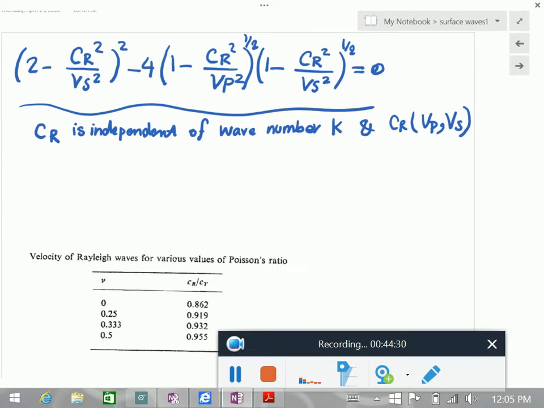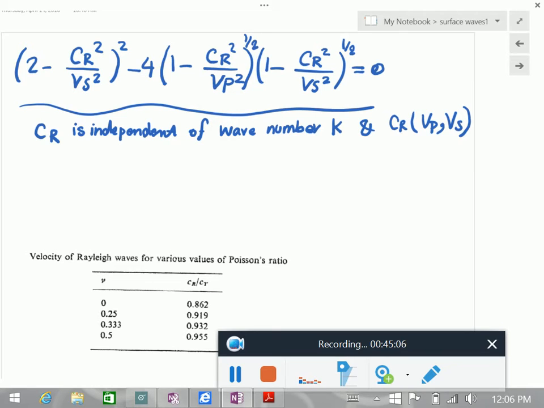What does it mean when I say it's independent of wave number? What's the implication? If a velocity is frequency dependent, what do we call this phenomenon? No. Velocity. We are talking about velocity, not attenuation.